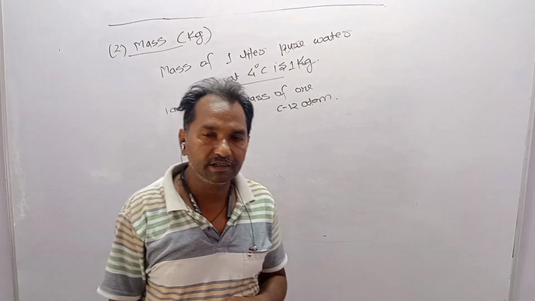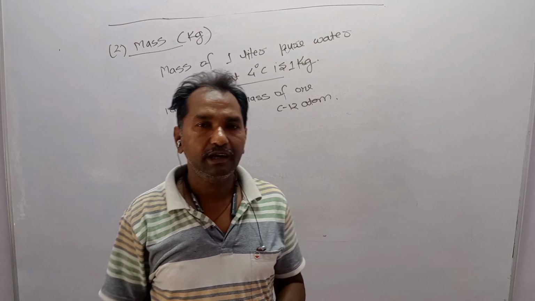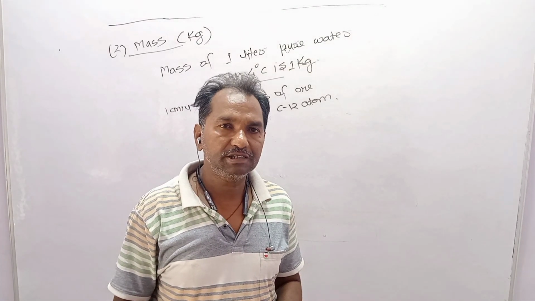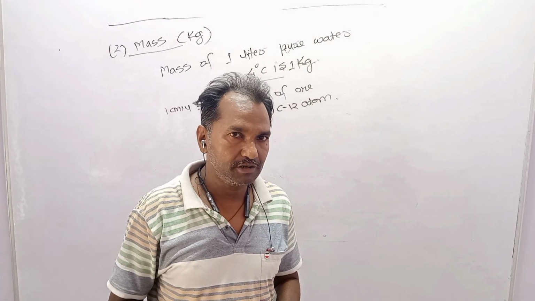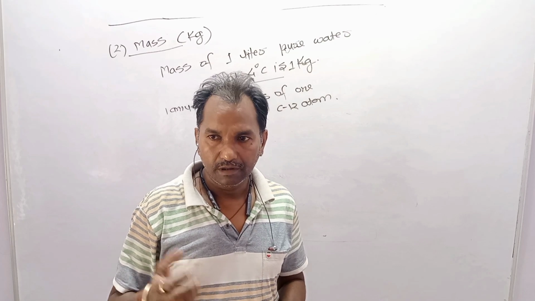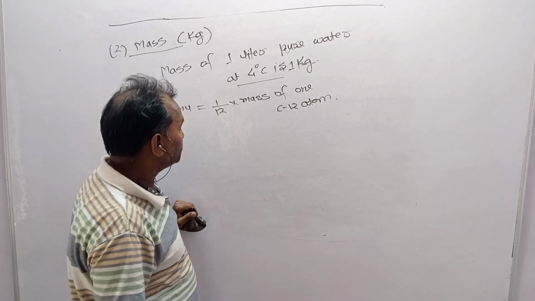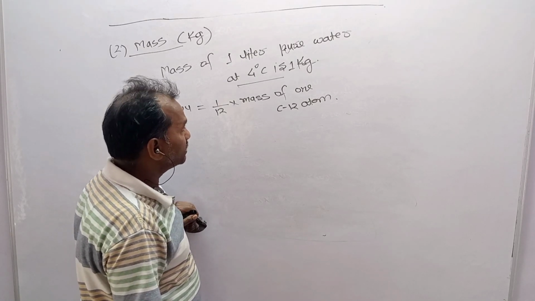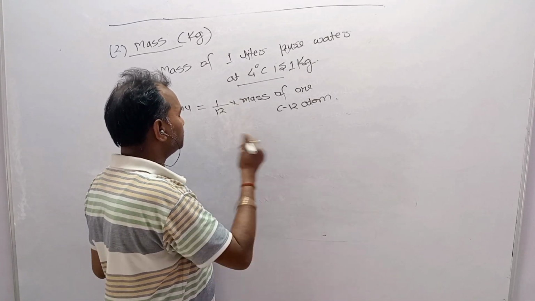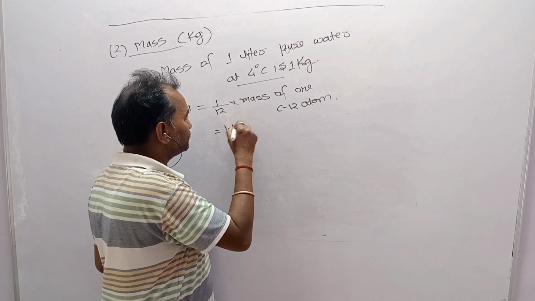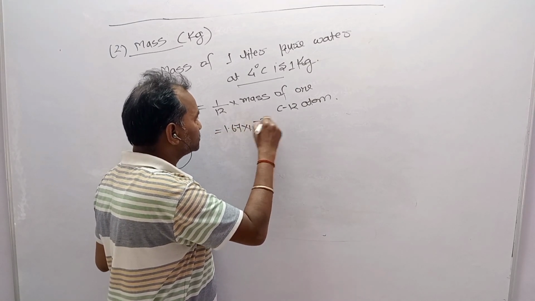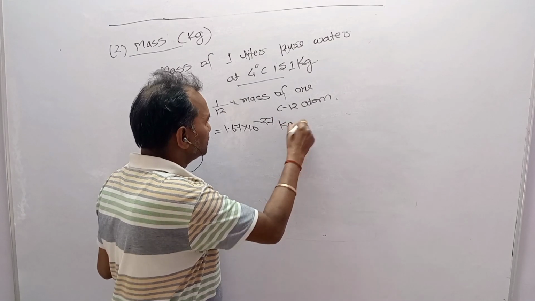It is simply written as 1 u. This is used to measure the mass of molecules, atoms, nuclei, and so on. If you solve, you will get 1.67 into 10 power minus 27 kg.